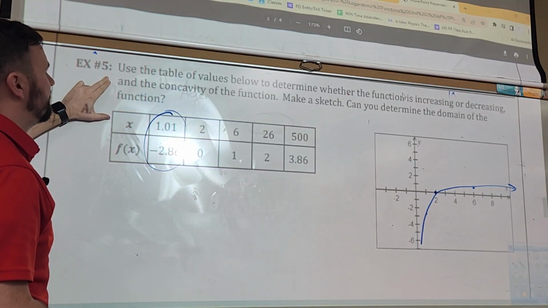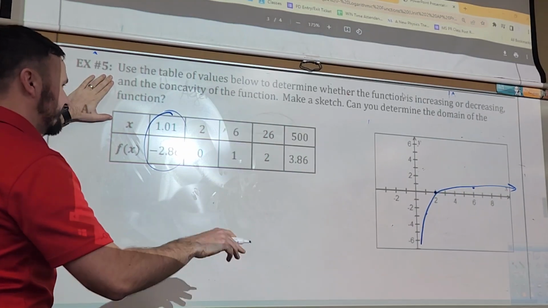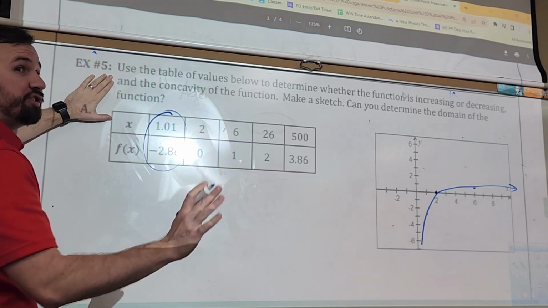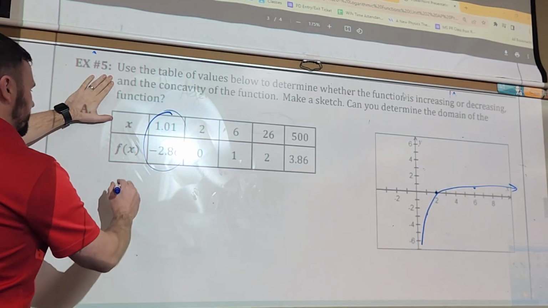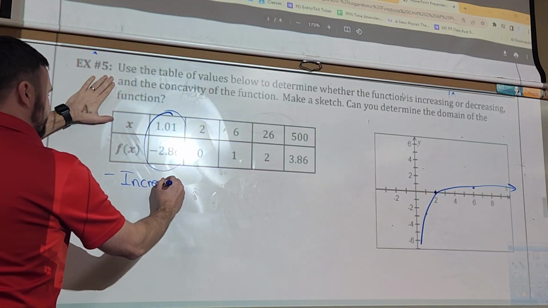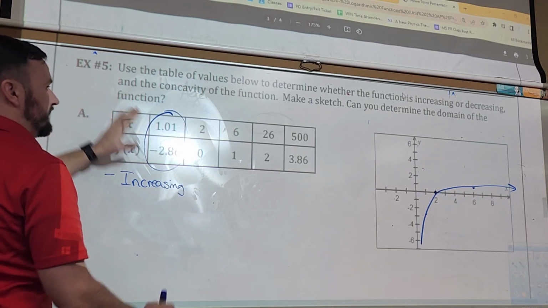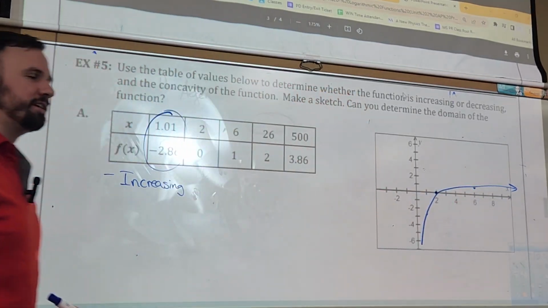Is it constantly increasing or decreasing? Not the rate of change. Is the function going up or going down? So the function's increasing, not the rate of change. It's going up the whole time, slowly and surely.